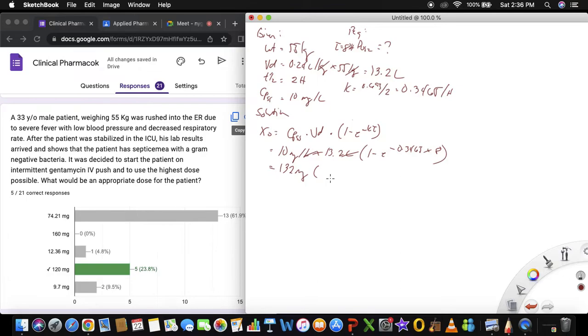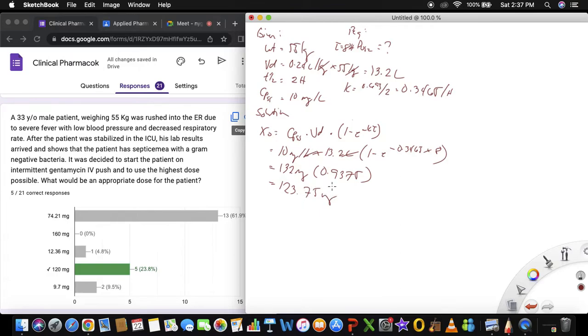Times 0.3465 times 8, shift ln, negative answer. 1 minus answer gives 0.9375. So times 132, you get 123.75 milligrams.